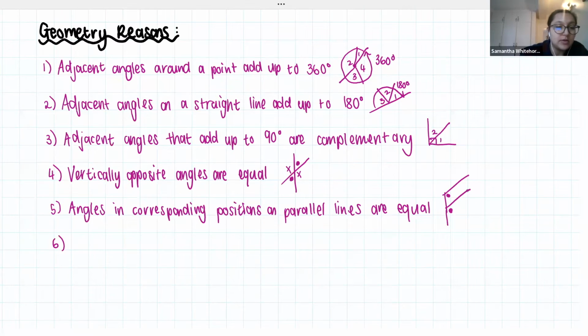The next reason that we learned was that angles that are co-interior to each other add up to 180 degrees.